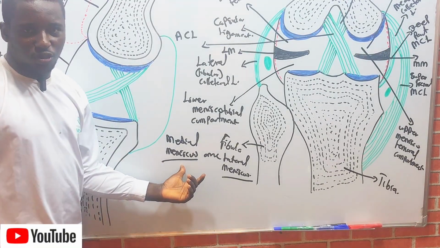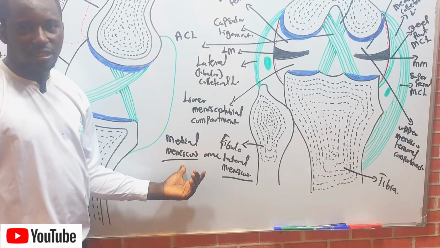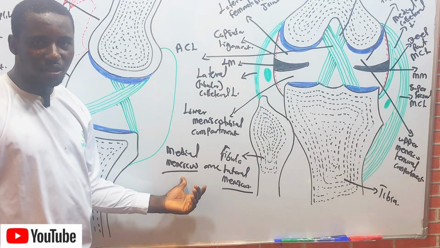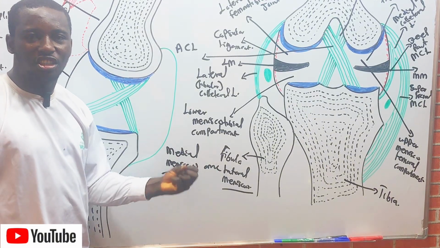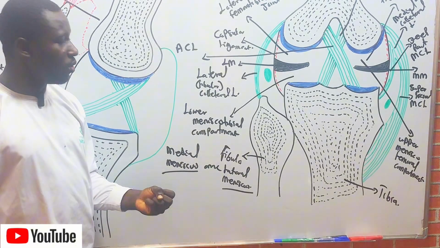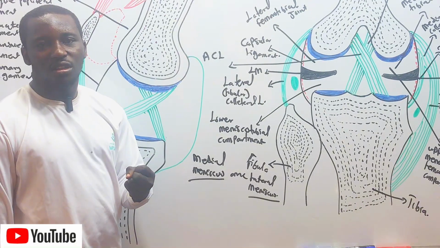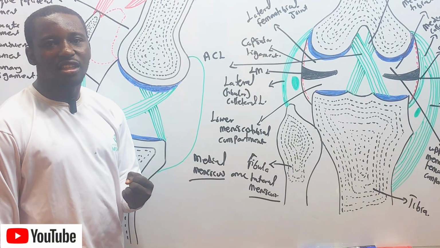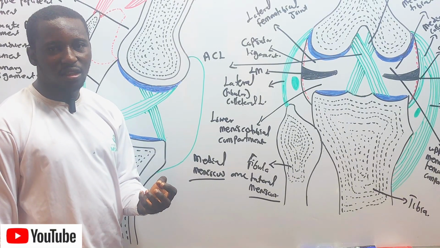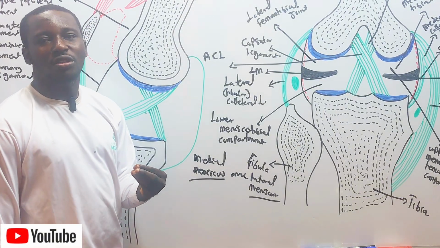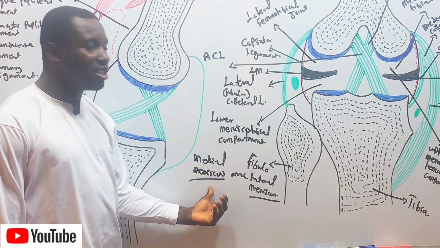The medial meniscus has a different shape. It is C shaped or semilunar in shape, and it attaches to the medial collateral ligament, and this one is more prone to injury.